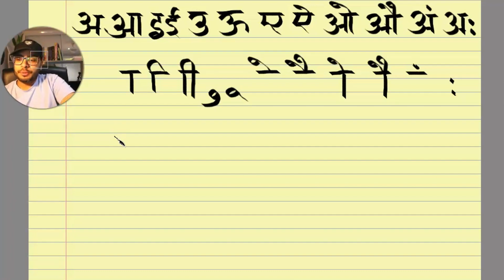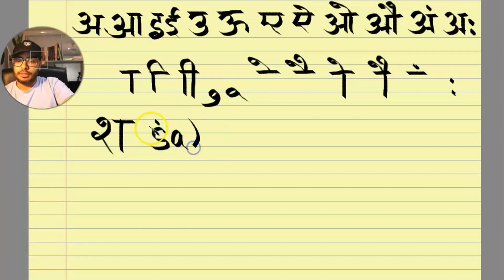I'll explain the differences between them as we go along. Let's look at the first sound, shaw. The way we write it is something like this. The IAST letter for this is SA, but the one with this on the top.